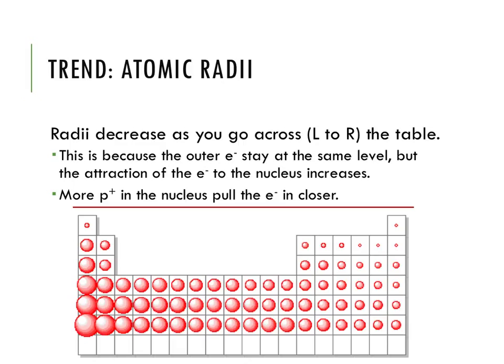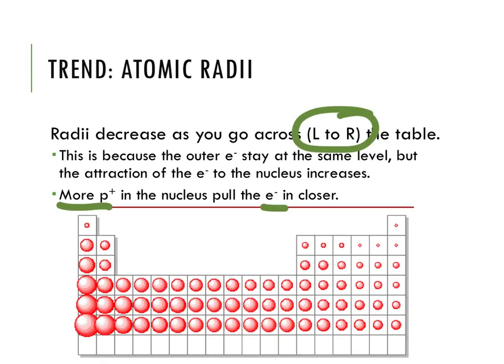The second part of our trend for atomic radii is looking as we go across the periodic table from left to right. As we go across, something interesting happens. Because we add more protons, they're going to be more attracted to those negative electrons, and they're going to actually pull them in closer.